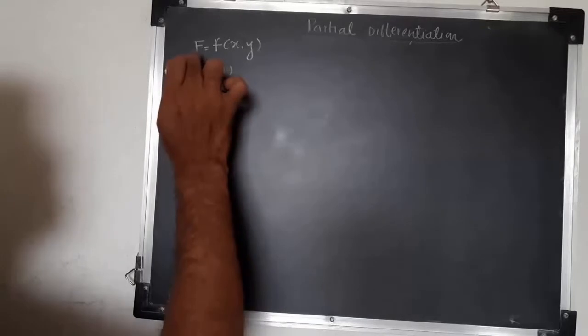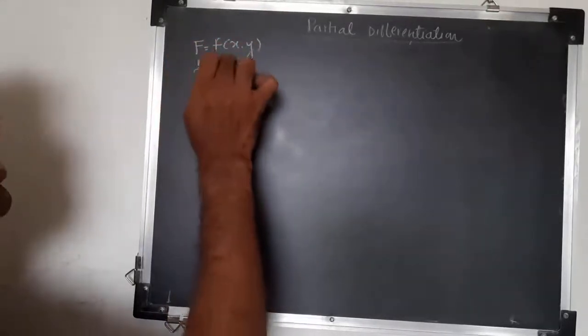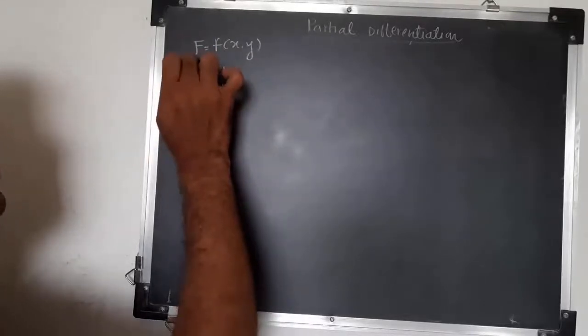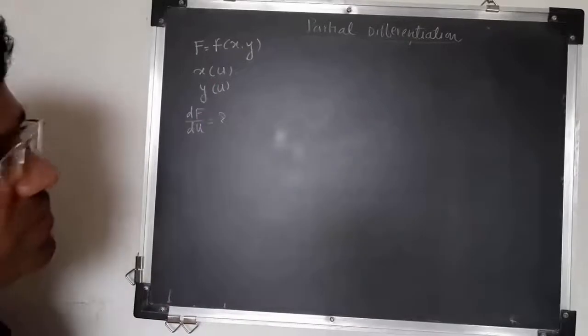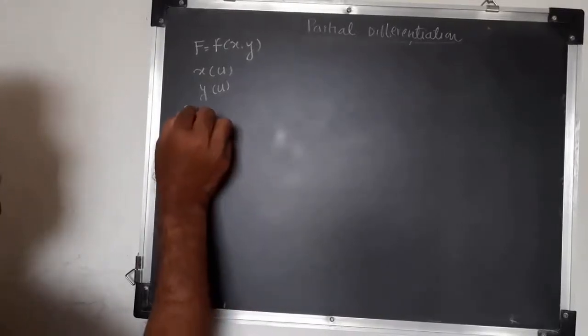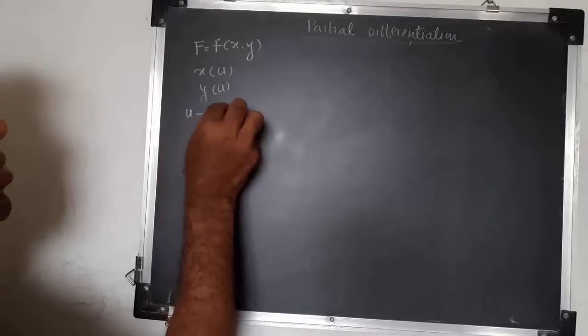What is the change? Means the given function changes with x and y, and x and y change with u. So how does df change directly with du? That is nothing but your aim. Okay, so in that case u changes from u to u plus delta u.